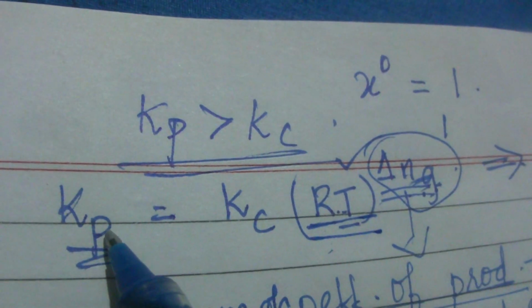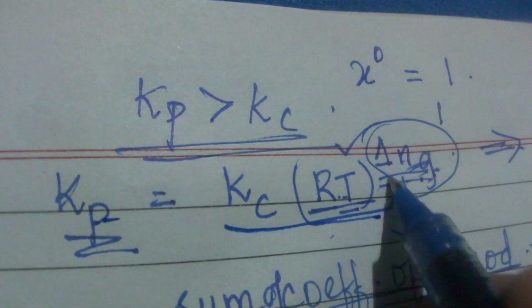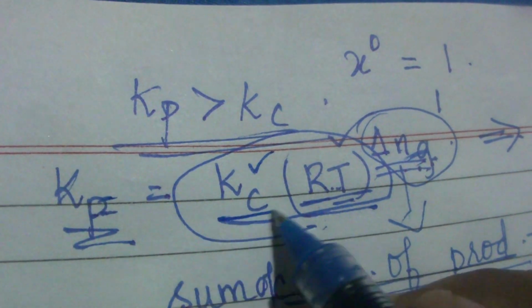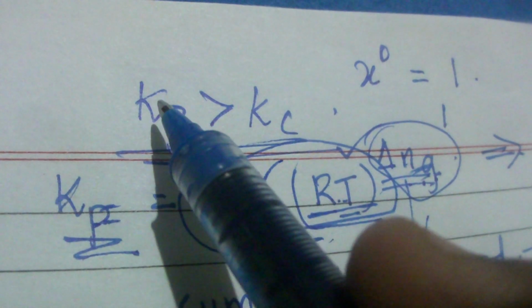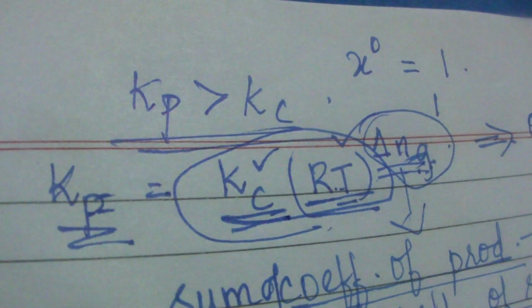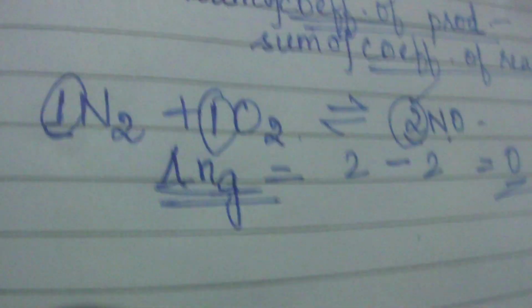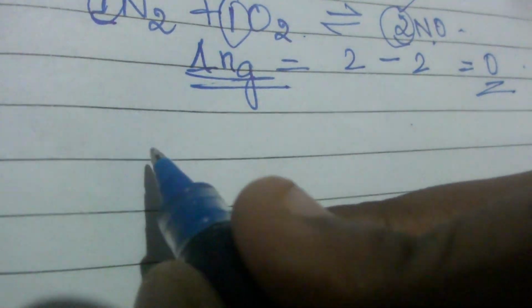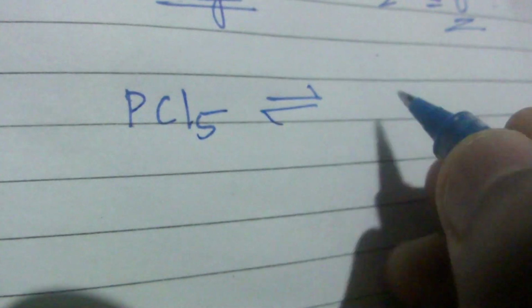So Kp will be larger than Kc. For one example, let me write phosphorus pentachloride, a reversible reaction.